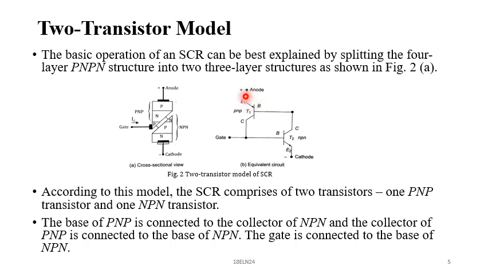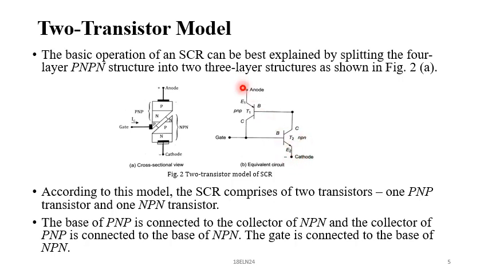This is the emitter, we'll name it E1, this is B, this is C, the collector and base of the first transistor T1, which is a PNP transistor. The base and collector of the first and second transistors are connected together. The collector and base terminal of the second transistor are connected to the same point. And the emitter of this transistor T2, the NPN transistor, is the cathode. E2 is connected to the cathode.